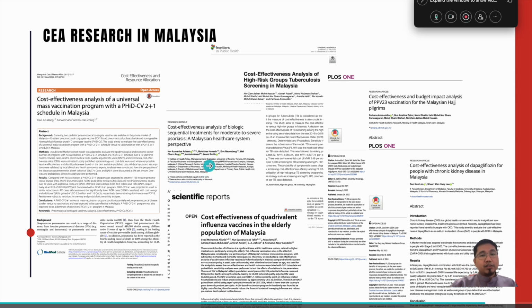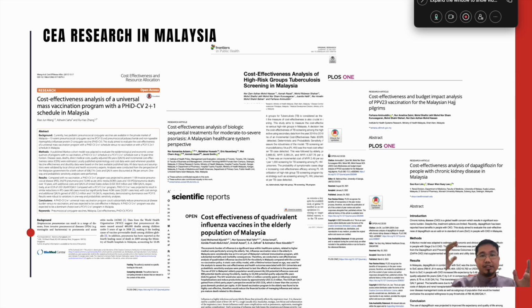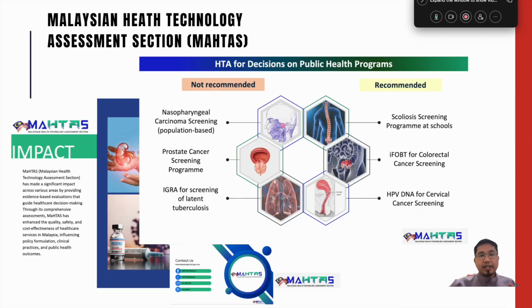And then we have psoriasis treatment, and TB, tuberculosis, which is very important, and this study should be done in Sabah, because Sabah has a very high prevalence of TB. And also we have CKD, chronic kidney disease. Okay, I think I have finished regarding the CEA.